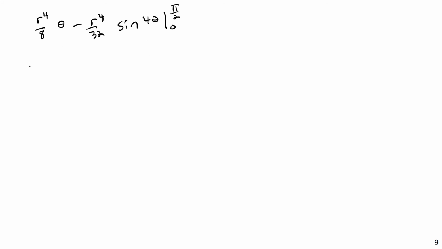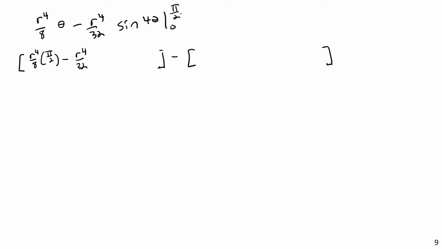Then, if I do some substitution here, I'll do the pi over 2 case minus the 0 case. First of all, I'll have r to the fourth over 8 times pi over 2 minus r to the fourth over 32.